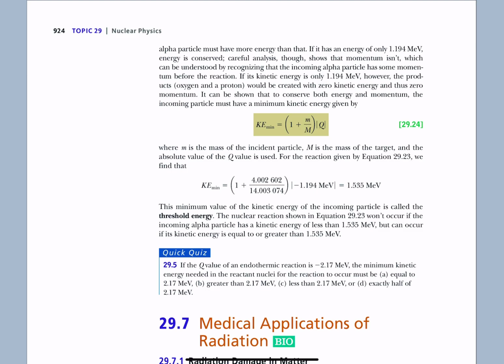So you have to have enough speed to overcome that repulsion and enough speed to do some damage to that target nuclei in order to get something to happen.